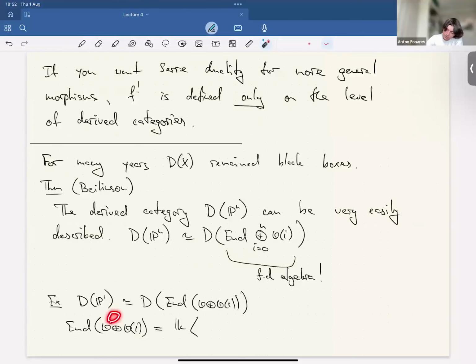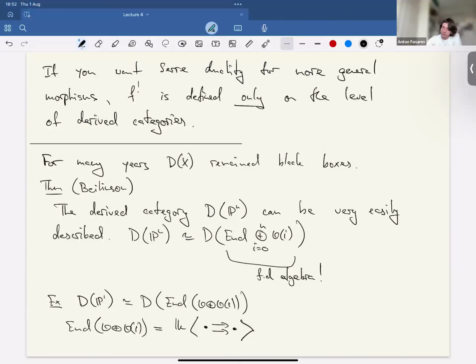You have one-dimensional morphisms from O to itself. There is no derived anything anywhere here. Just simply one-dimensional from O to O, one-dimensional from O(1) to itself. There are no maps from O(1) to O because this is cohomology of O(-1). And there is a two-dimensional space of morphisms from O to O(1). In other words, this is the path algebra of the quiver with two vertices and two arrows.